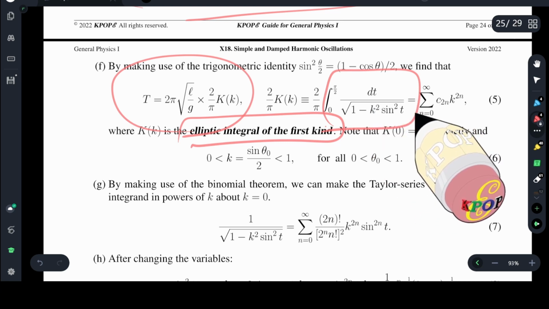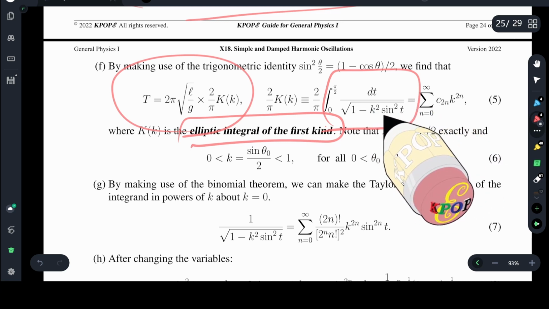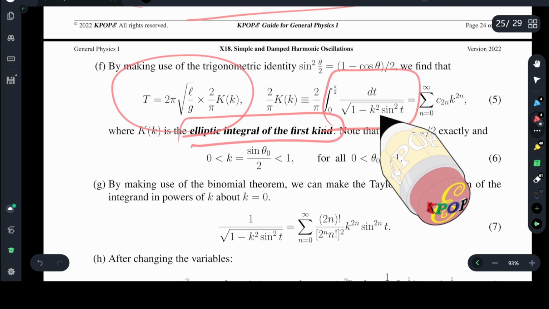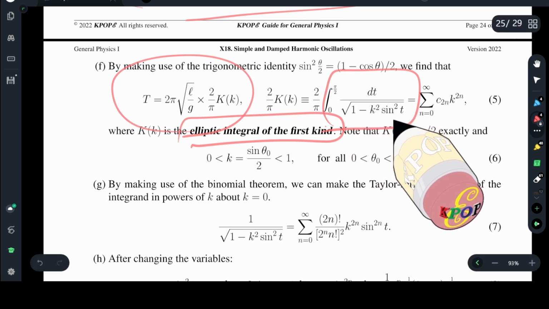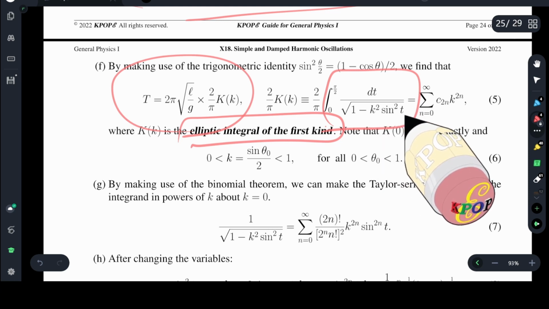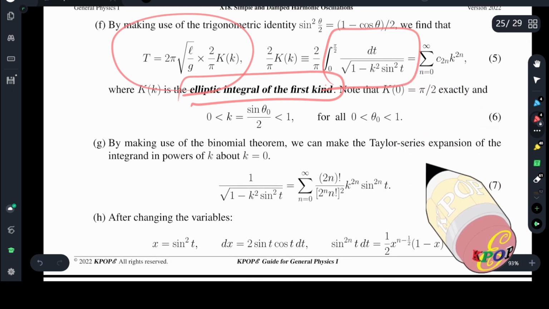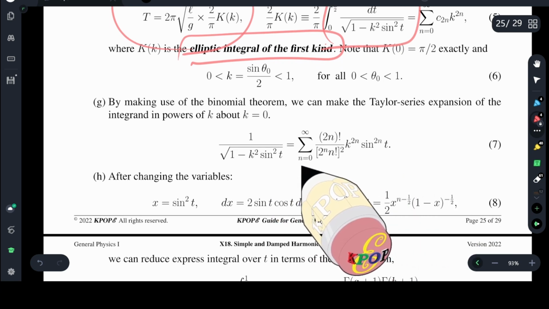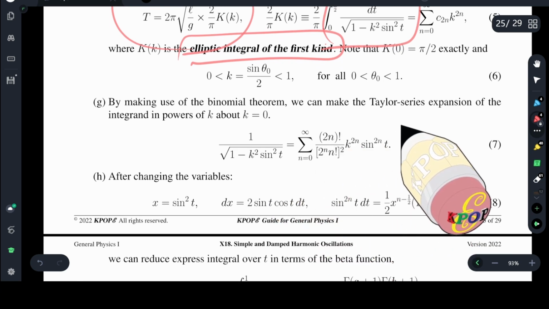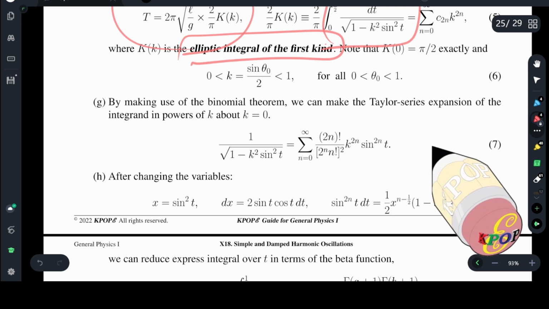Only if this number is less than 1, we can expand in powers of this number. So we know how to do that. What's that? Binomial expansion. It is not always true, but it is true for a small number that is less than 1. So applying the binomial expansion, I can rewrite this one as a series of sine powers.